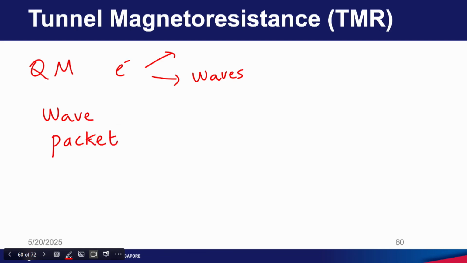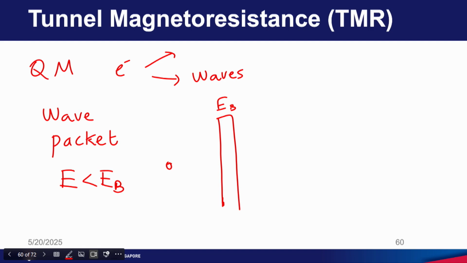Okay, let us say in this case we have a barrier. And let us say we have an electron. So, this electron's energy in this case is lower than the barrier height.